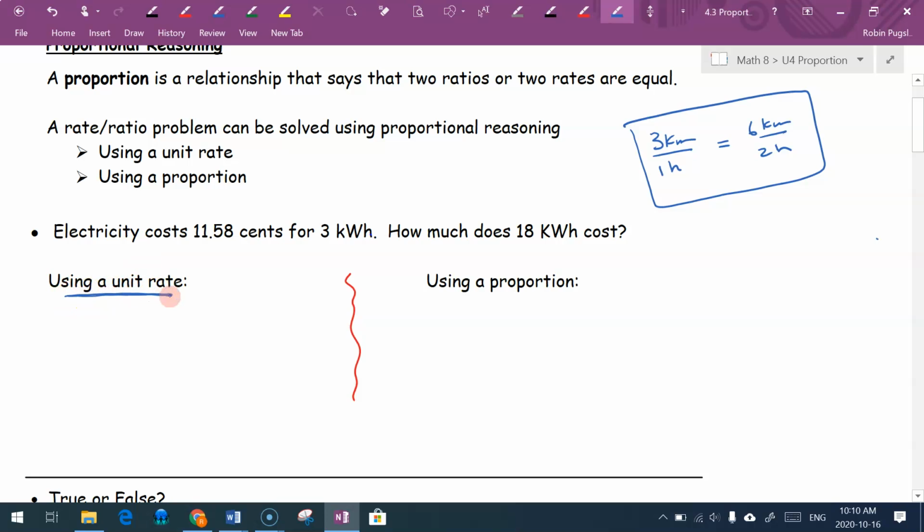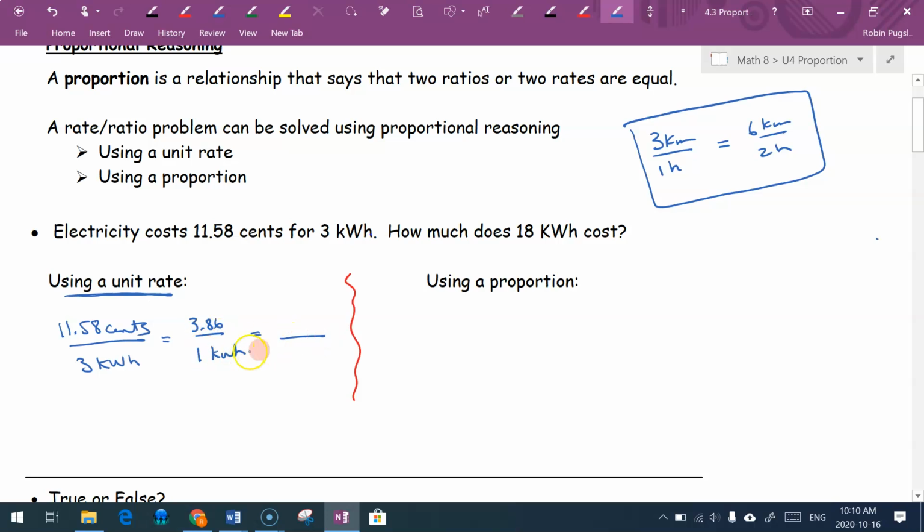Make it out of 1, and then we can make it out of anything. For example, if it's 11.58 cents per 3 kilowatts, then we can find out how much it costs per 1 kilowatt. So 11.58 divided by 3 is 3.86 cents per 1 kilowatt.